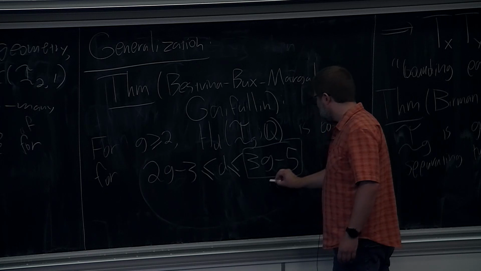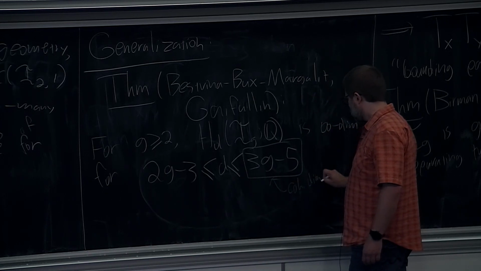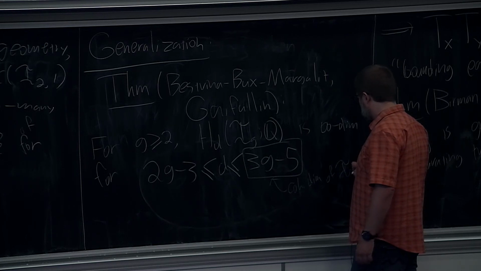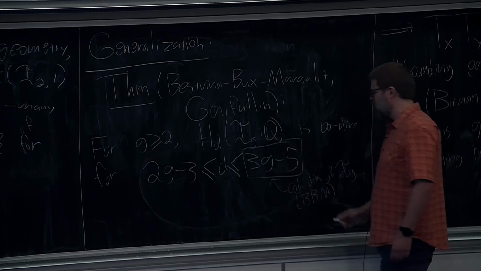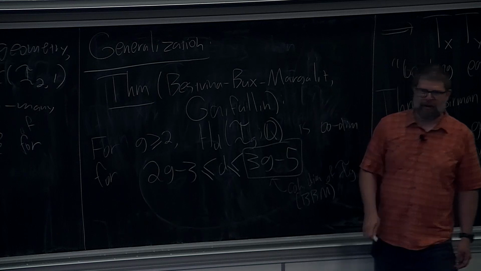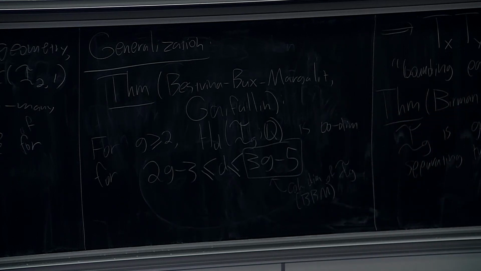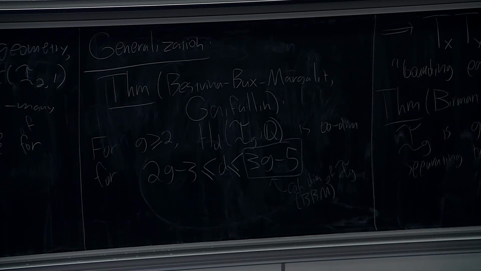This is the cohomological dimension of the Torelli group. That's the theorem of Bestvina, Bux, and Margalit. What they show is that that's the cohomological dimension, and in this degree, that homology is infinite dimensional. And they conjectured almost exactly this range, and Gui-Fulin proved it.